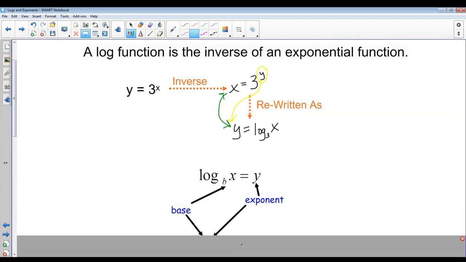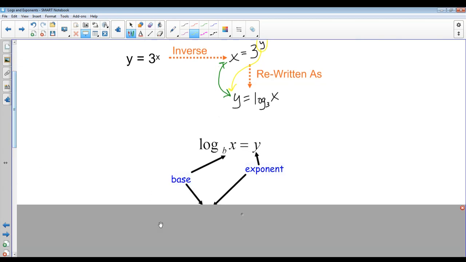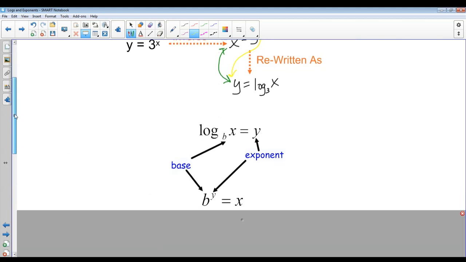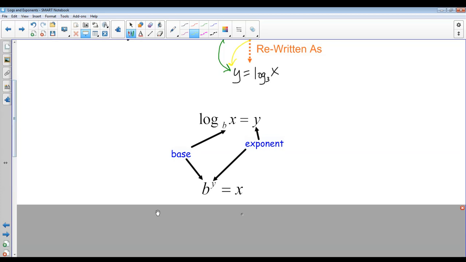So here's how some of my past teachers helped me remember how to go back and forth. Log base b of x equals y. The base of the log is the base of the exponent, so the base ends up in the same spot. It's like the lower part of each function. And like I mentioned, the exponent, the power, is the output of the log function.